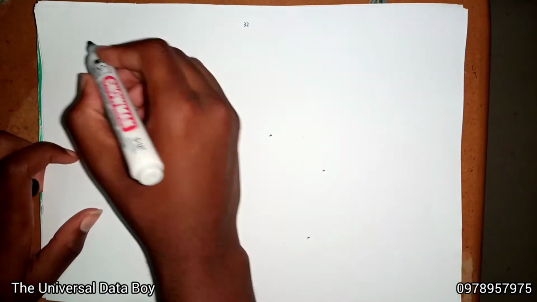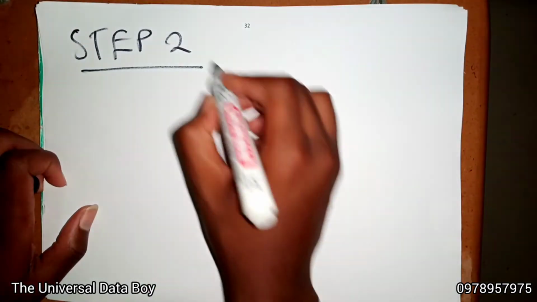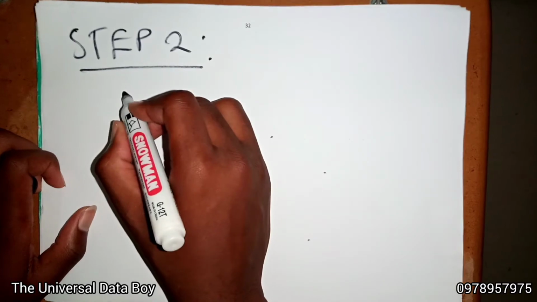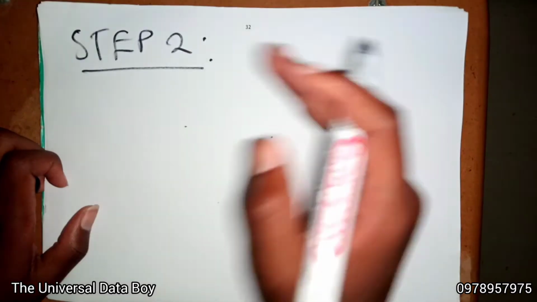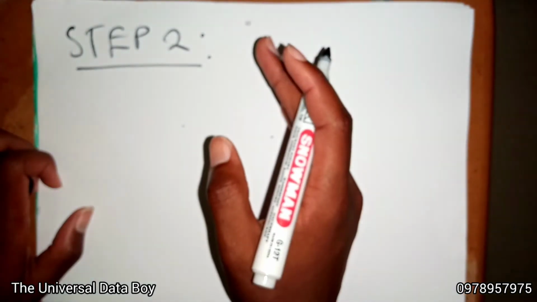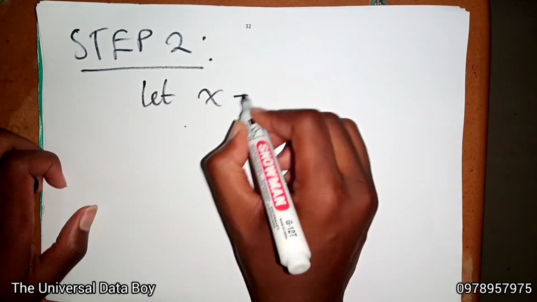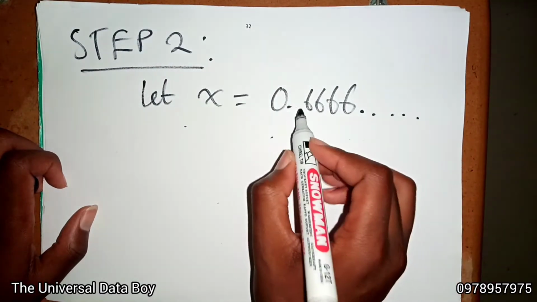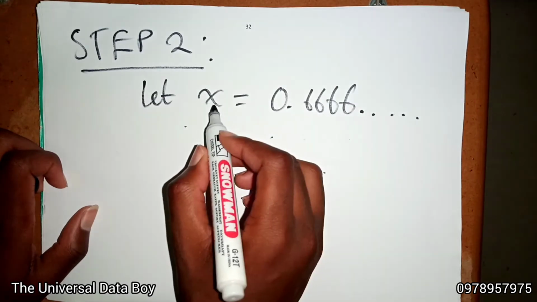Now for step 2, you're going to multiply the x by a certain factor of 10, so that the decimal will be right before the repeating numbers. If you let your x equal 0.6666 repeated, the decimal is just before the repeating numbers, so you can just skip step 2.